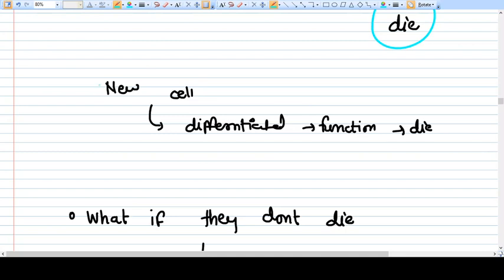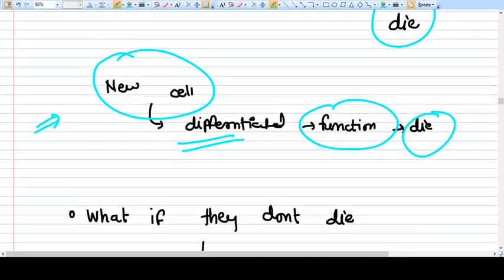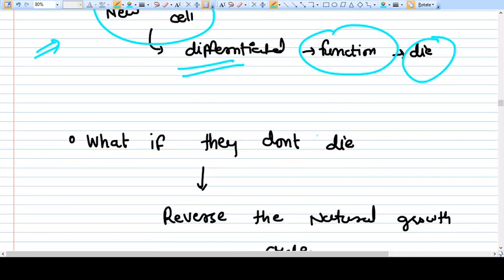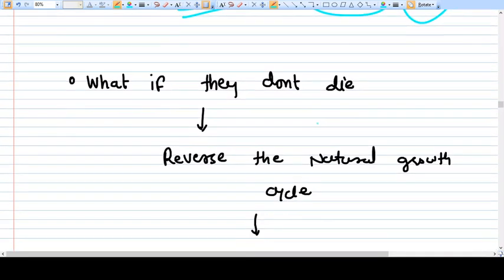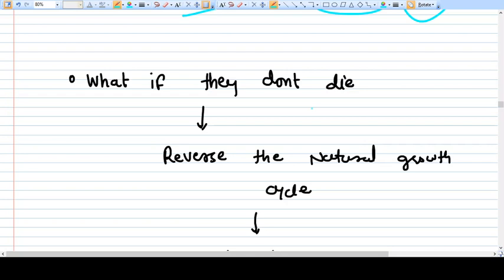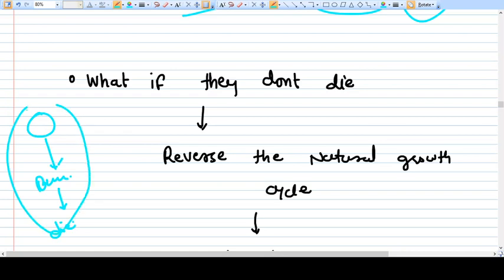So, what is the normal growth pattern decided by nature? The new cell comes, it gets differentiated, it gets function, and it dies. But in neoplasia, there is a serious challenge against this natural growth pattern, this natural spectrum. Even stars in the sky are born, they burn, and they die.